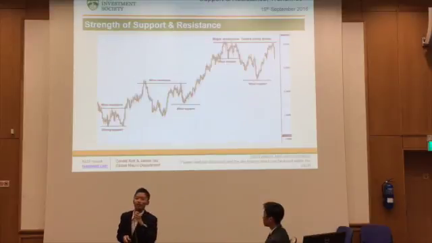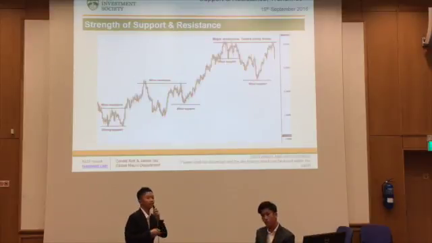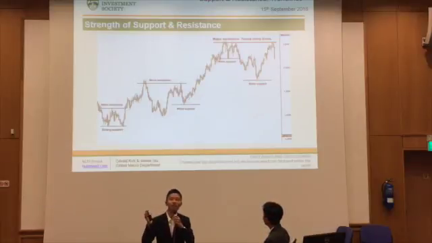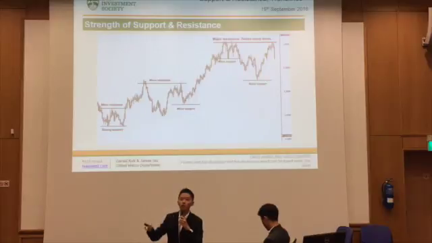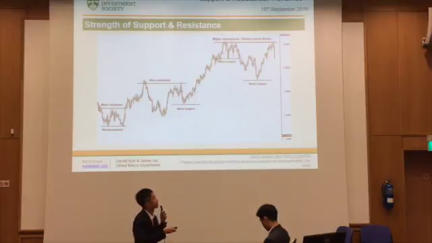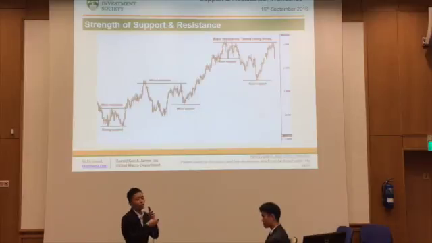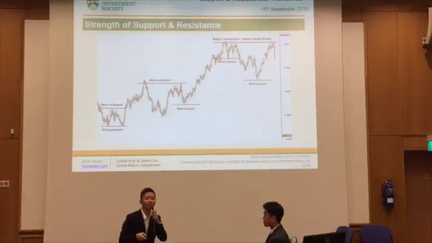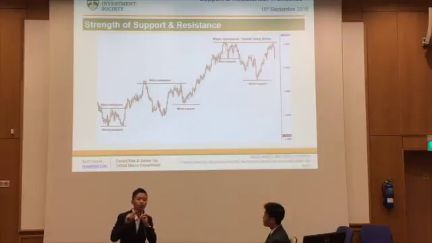Okay, so this is another concept, the strength of resistance and support. Resistance and support lines are different, but within themselves they can be distinguished by the number of times the price failed to breach them. Let's say the price failed to breach resistance a lot of times, we can count 5 to 7 times, as compared to one where it only fails 1 or 2 times.